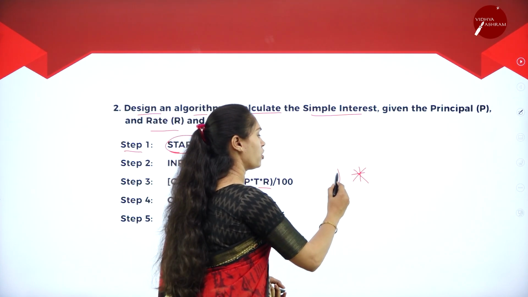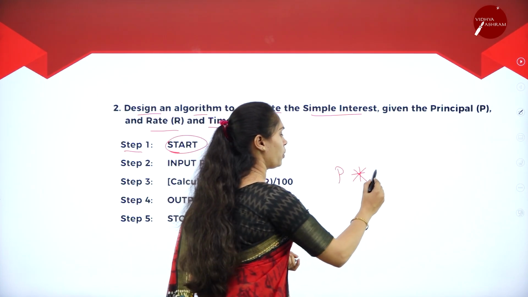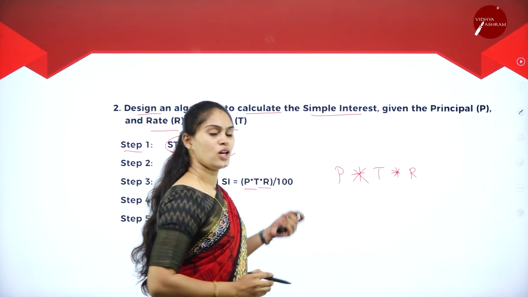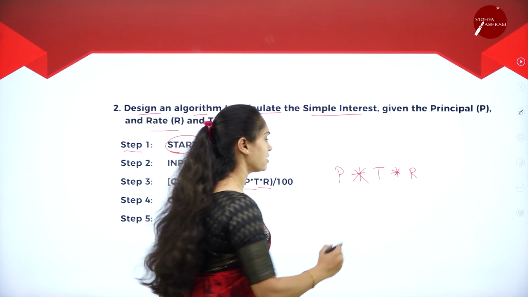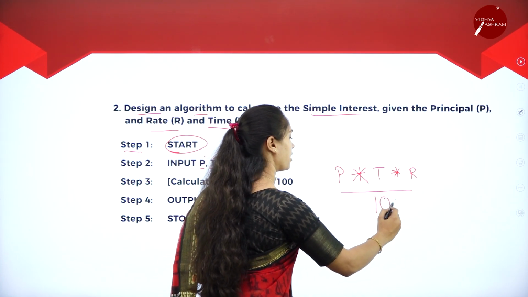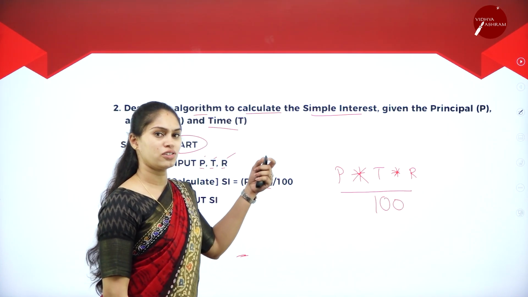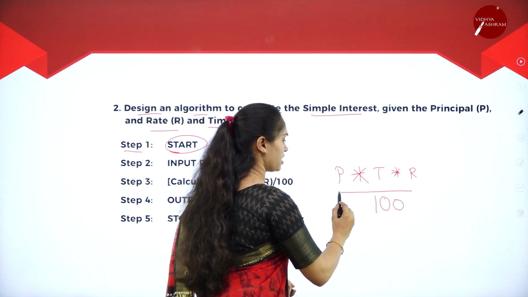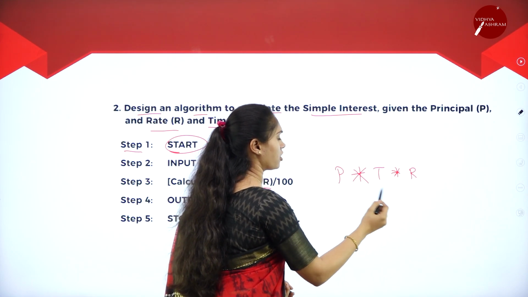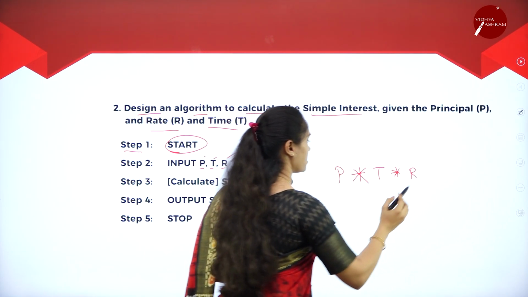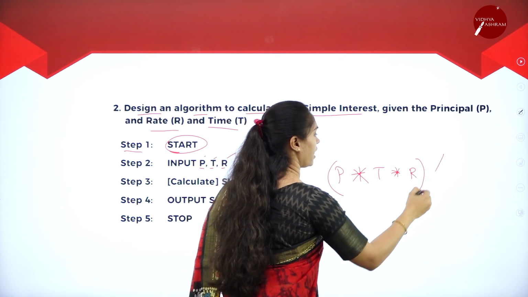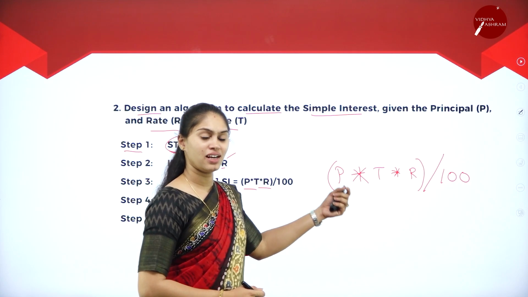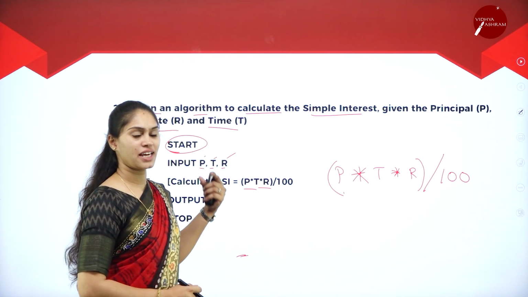So I am going to multiply the value of P with T and with R. Okay, whatever the value that I am going to get, that will be divided by 100. So that this will give me the simple interest. Okay, but when we are using computer science, at that time we are not supposed to take the division like this. So instead of that, I have to take like this. So this will give me the simple interest of a given value.